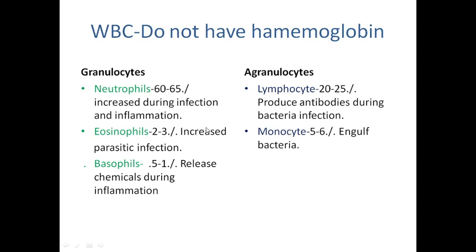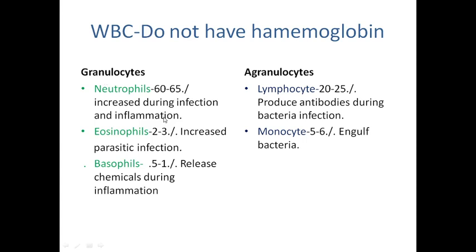The pictures related to granulocytes and agranulocytes are given on page number 205. The first one is neutrophils. It has a lobed structure, 2 to 7 lobes, and its percentage is 60 to 65 percent of the total WBC leukocytes.